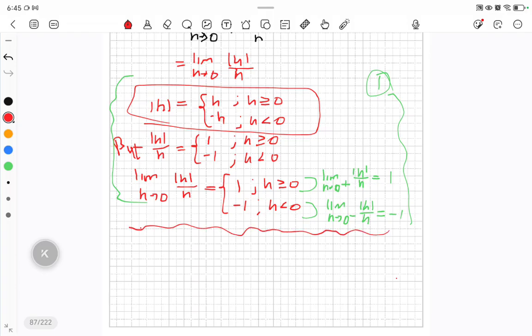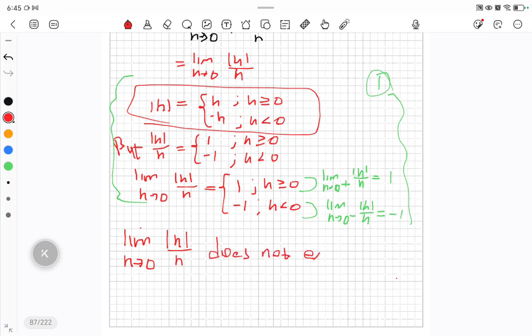You know that the limit as h approaches 0 of this does not exist. The reason it doesn't exist is that the limit as h approaches 0 from the left of absolute value of h over h is not equal to the limit as h approaches 0 from the right of absolute value of h over h.